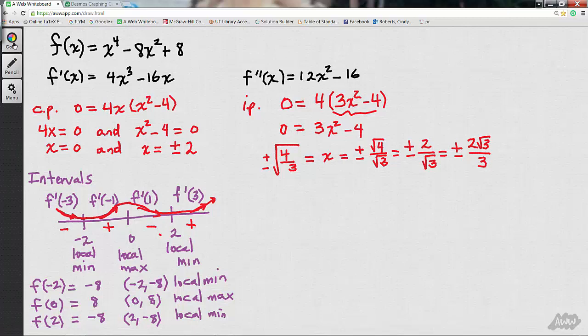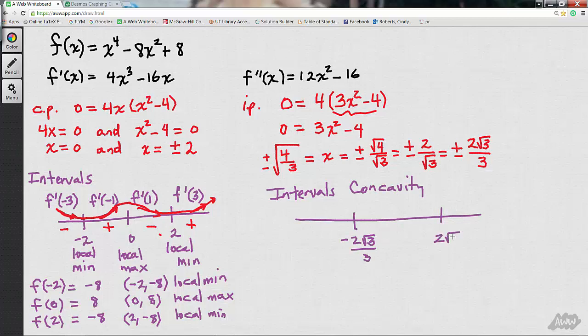So now from here, these are my inflection points, and I want to find the intervals of concavity. And so to do that, I take my inflection points and I do the same thing that I did with the critical points, but now I'm going to be plugging these into my second derivative. So in this interval, I picked -2.